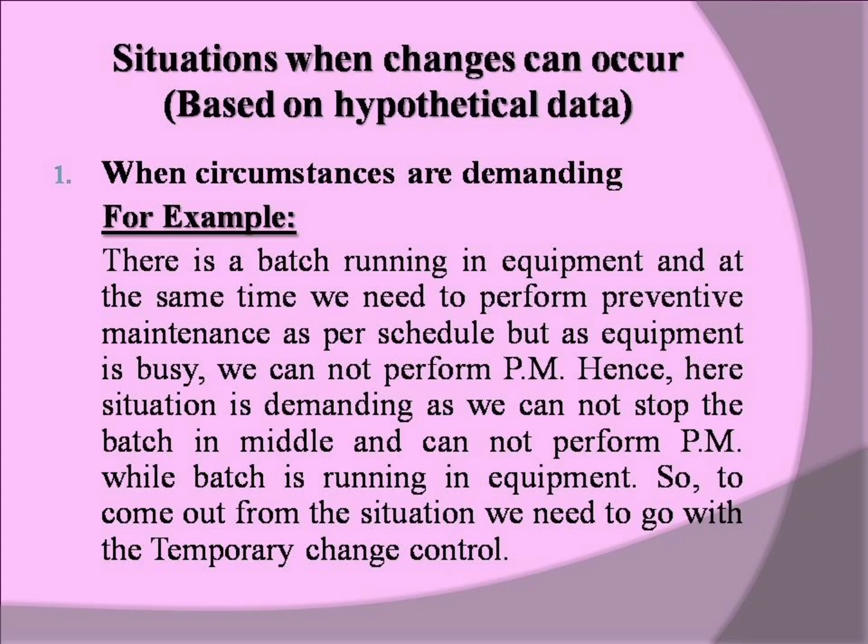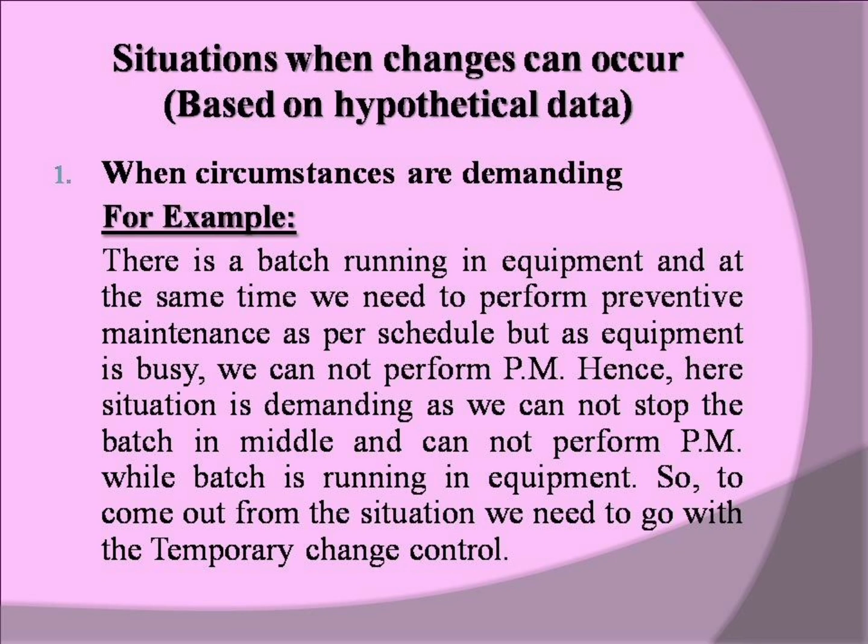So basically there are two situations or circumstances when changes can occur. This is completely based on hypothetical data, guys. The first one is when circumstances are demanding. For example, there is a batch running in equipment and at the same time we need to perform preventive maintenance as per schedule.